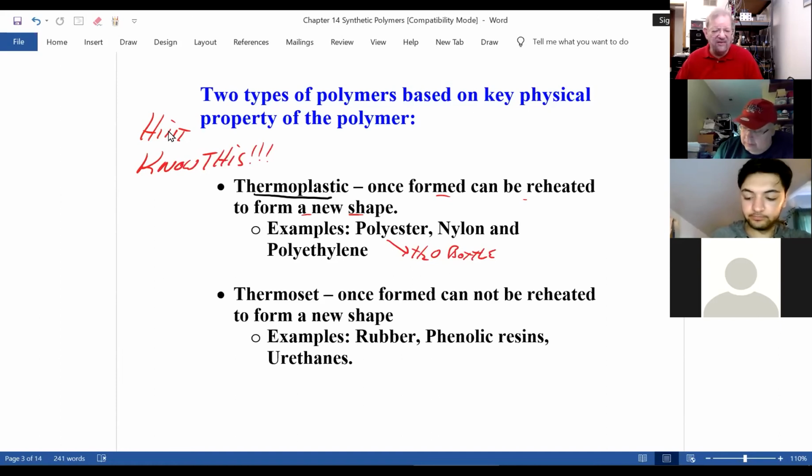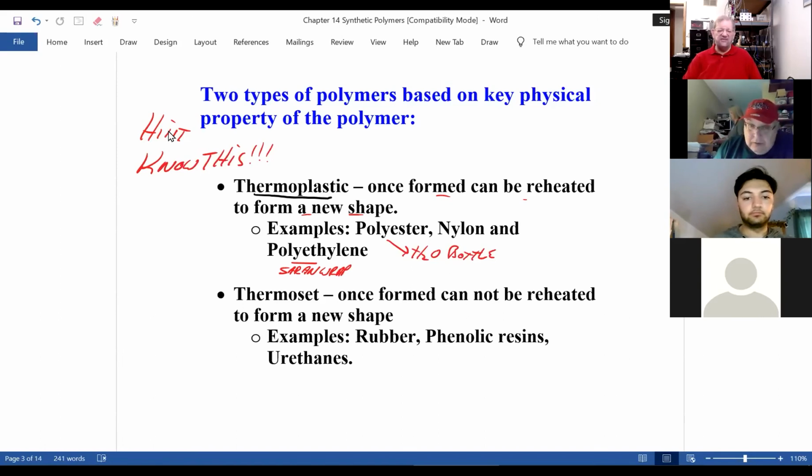Another one would be saran wrap, polyethylene. I can melt it, heat it up, and form it into other shapes.